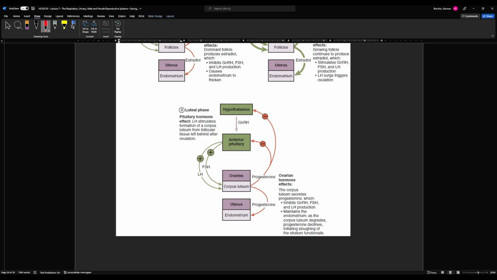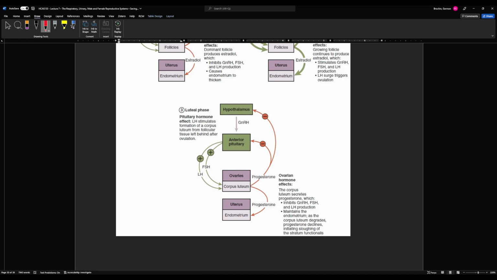Essentially what happens here, if there's no implantation into the uterine wall, the corpus luteum causes an inhibition of the hypothalamus, which means less GnRH, which causes the anterior pituitary to produce less LH and FSH. And overall, when the corpus luteum is kind of dying, when it exists there, it produces progesterone.